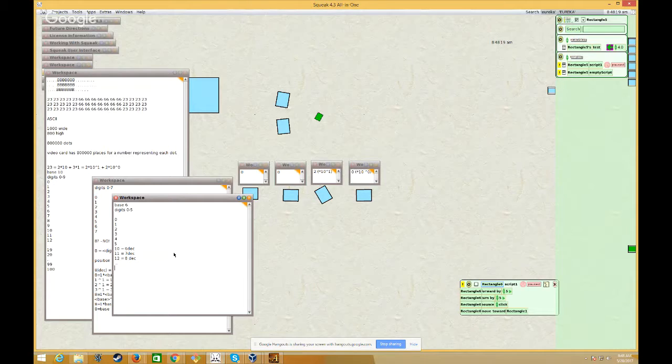And so on and so forth until, say I have 1, 1, 1. Well, what is that? That's 1 times 6 to the 2 plus 1 times 6 to the 1 plus 1 times 6 to 0. That equals 6 squared plus 6 to the 1 plus 6 to the 0.